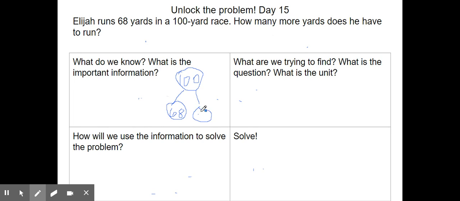What are we trying to find? We are trying to find how much more Elijah needs to run. And the unit is yards. So we are trying to find how many. Sorry, my handwriting is messy on this.